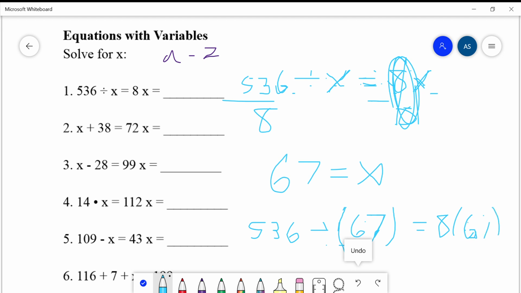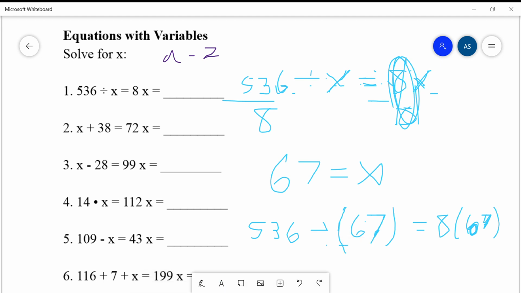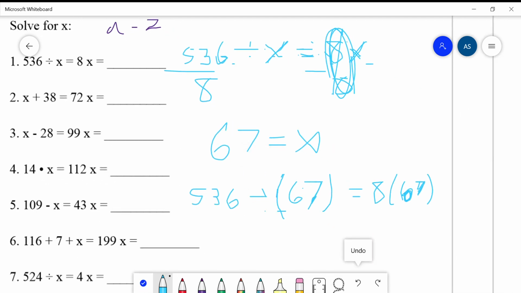Okay, 67. And if we solve this out, we will get, so 8 times 67, let's do that first. 8 times 67 is equal to 536.